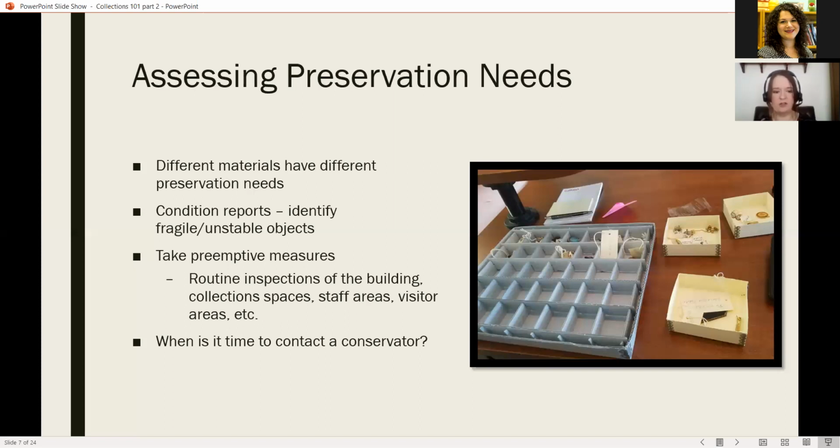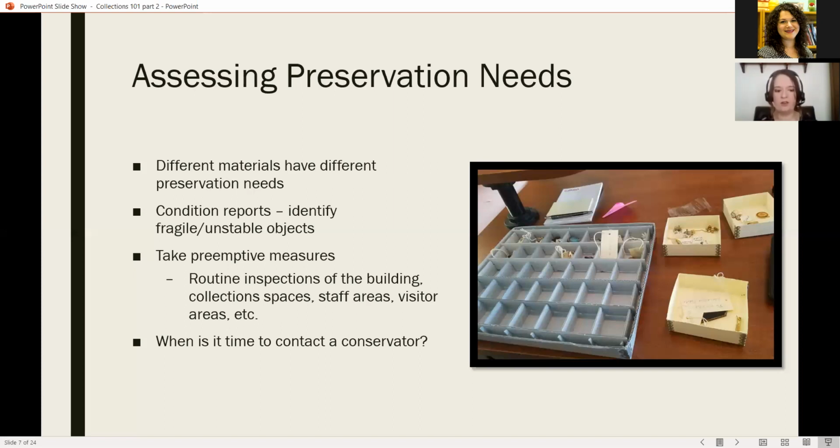Another part of preservation is knowing when it's time to contact a conservator. That's a really difficult question to answer. Most institutions are not lucky enough to have a conservator on staff. It's a very specialized field, and it can be expensive to hire the help of a conservator.